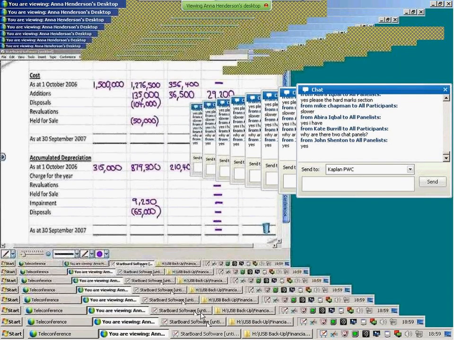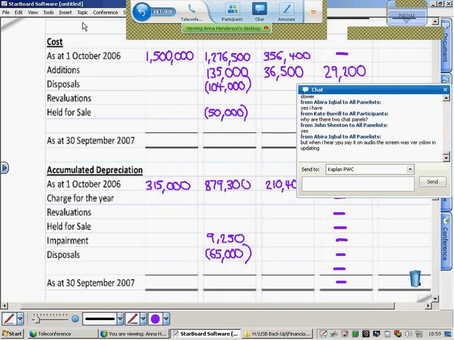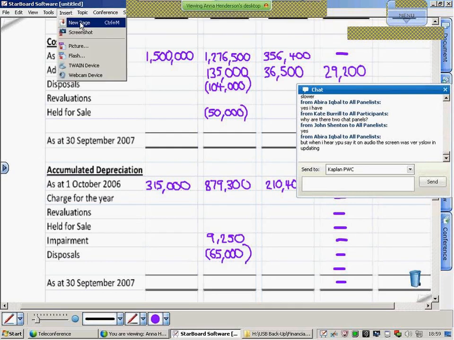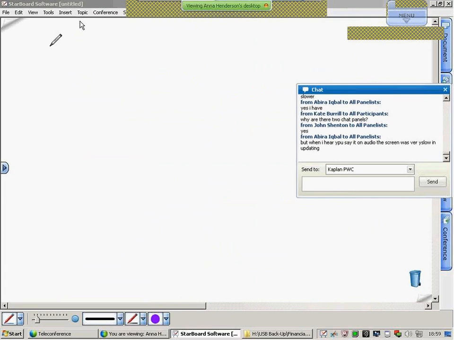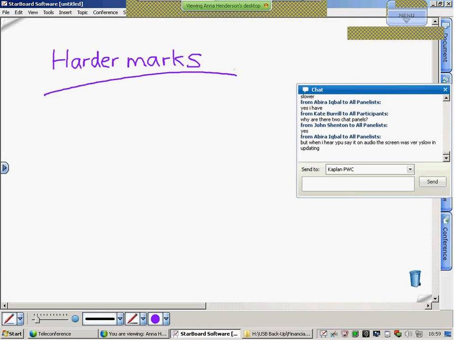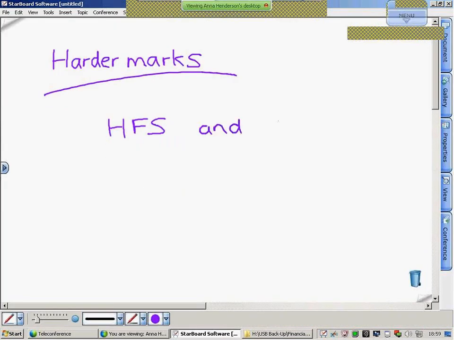I will slow down, I promise. Right, so the harder marks are going to come from the held for sale impairment.